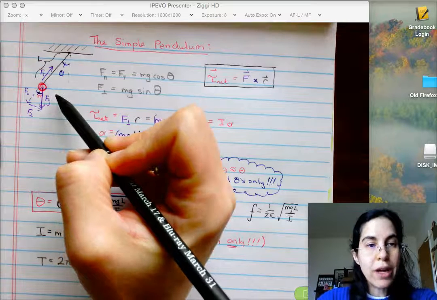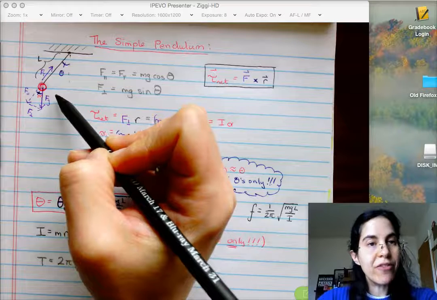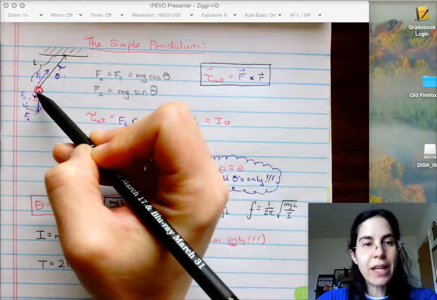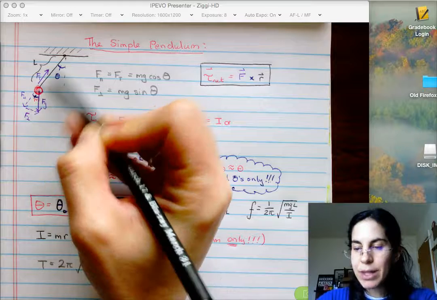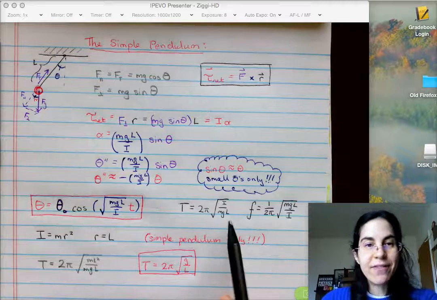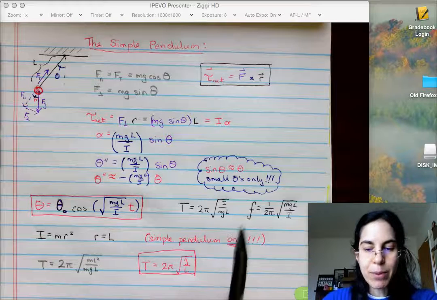We know that the force of gravity always operates through the center of mass. So if the pendulum is a complicated pendulum instead of a simple one, you need to find the center of mass, find the distance between the center of mass and the pivot point, and you can get as far as here with the exact same effort you spent on the simple pendulum.